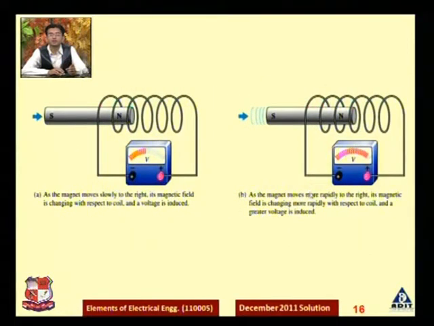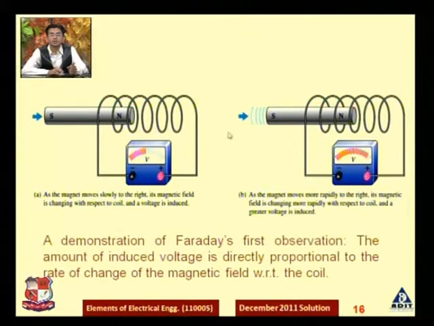In this animation, two demonstrations are shown. In the first demonstration, I am connecting one voltmeter to one coil. When I put this magnet inside the coil and take it outside, some voltage is produced in the voltmeter.